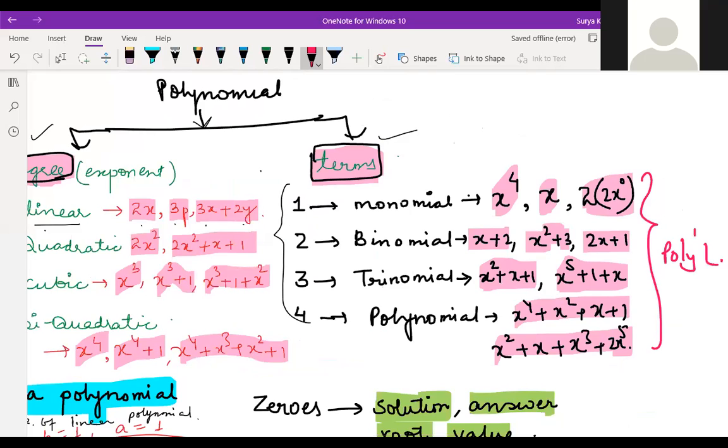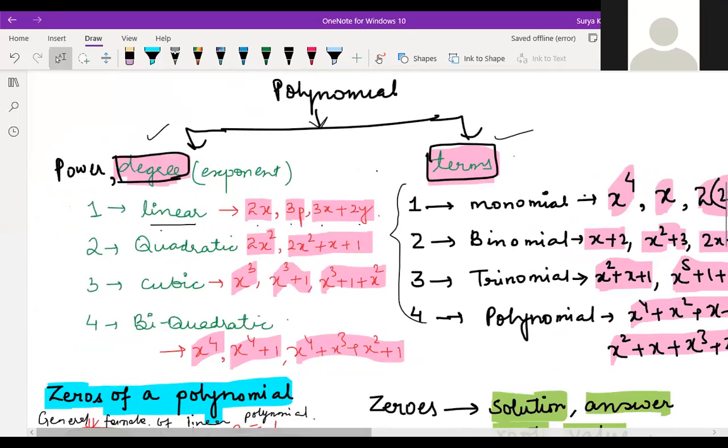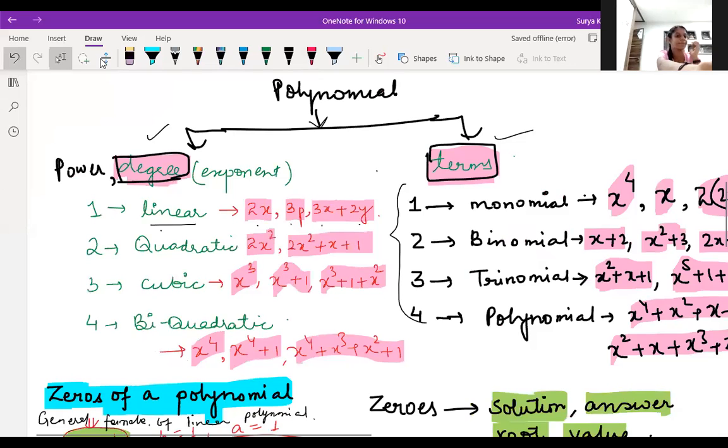So we are having monomial, binomial, trinomial, and polynomial. Okay. So this is according to their terms. Is it clear to everyone? Yes, sir.